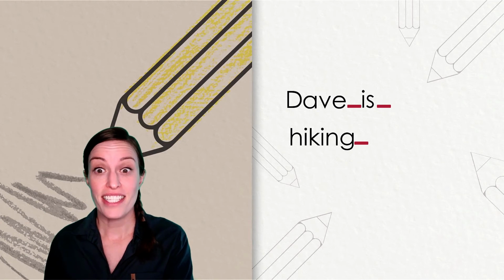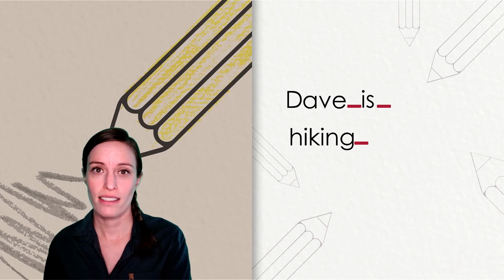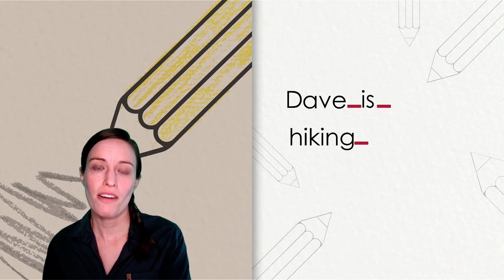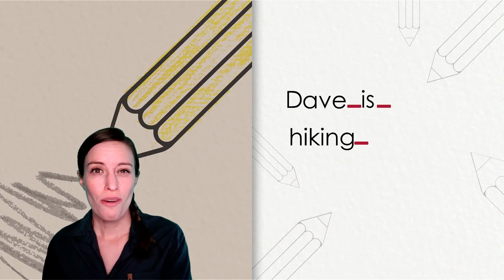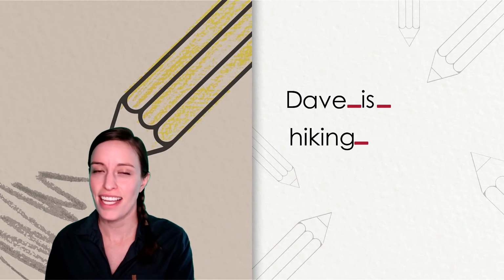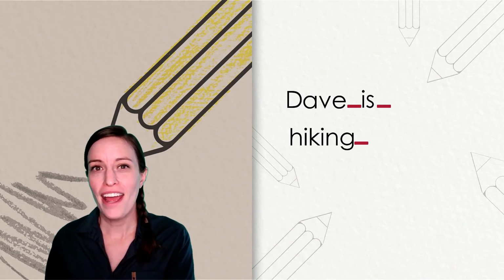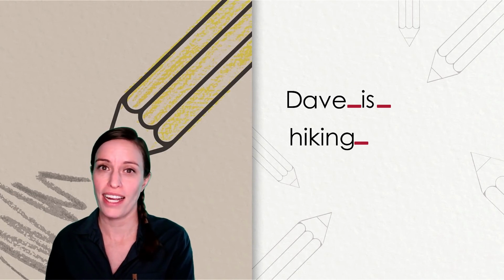So far we have Dave is hiking. Leave another space after the word hiking. Dave is hiking 5 miles. The word 5 has a silent E that's telling the I to say its name. Try writing 5 on your own, and then you can check your word with mine.